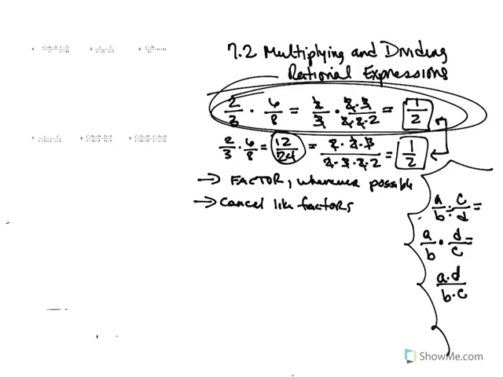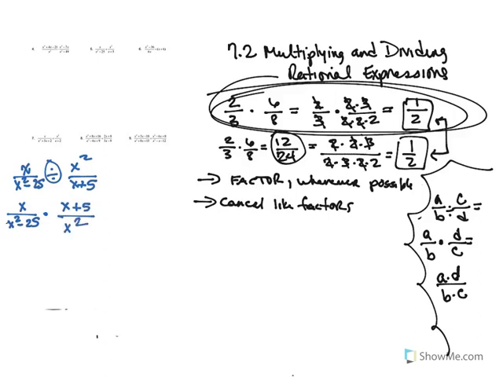So when we look at number 5, we have x over x squared minus 25 divided by x squared over x plus 5. The very first thing you do when you see dividing of a fraction is to rewrite it by changing it to multiplication and flipping the second fraction.